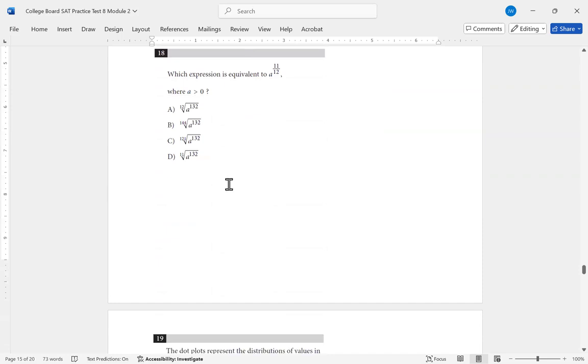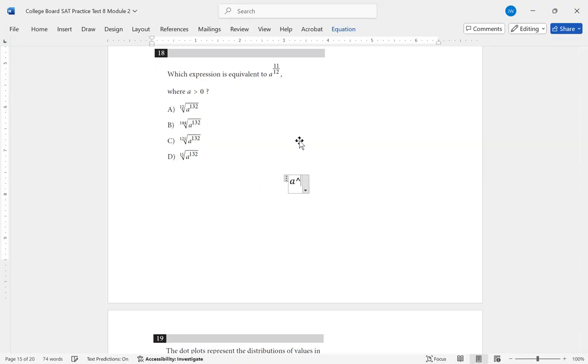Question 18. Which expression is equivalent to A to the 11/12 power? So the first thing we need to know is we're looking for this power written as some sort of a root.